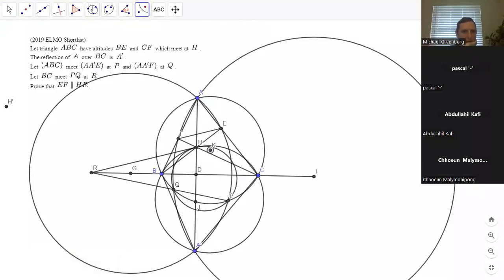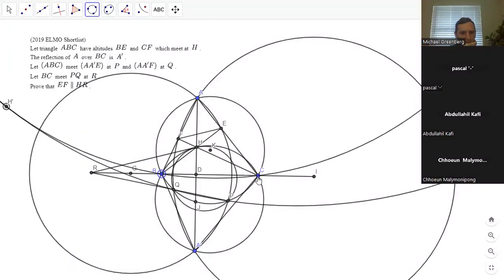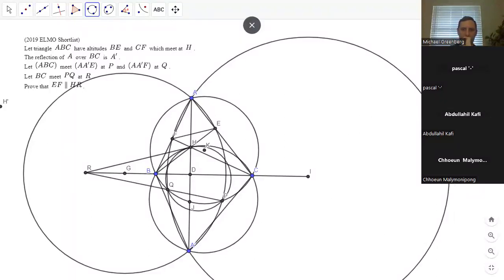So we would want to show, I don't know if this really helps, but we would want to show these two circles are tangent. You know what? What if we invert about this circle?